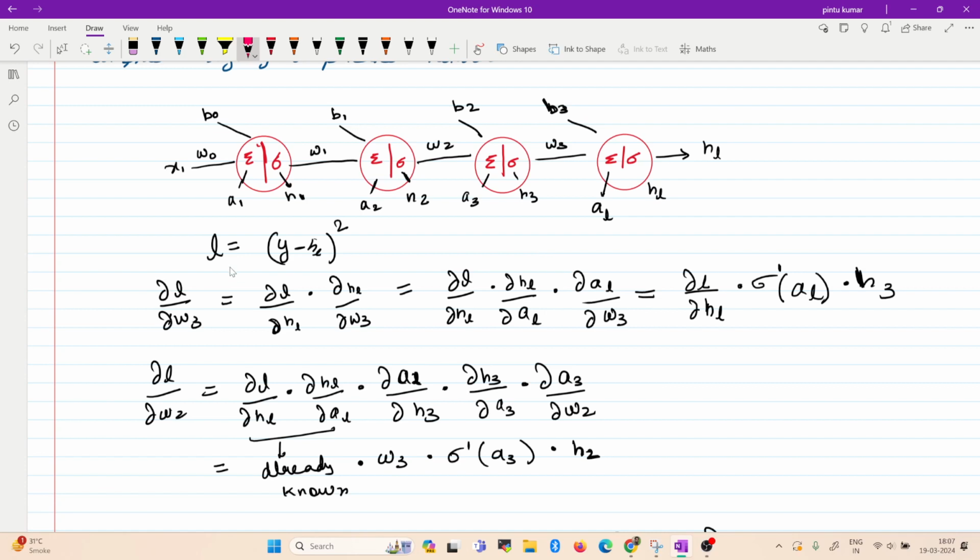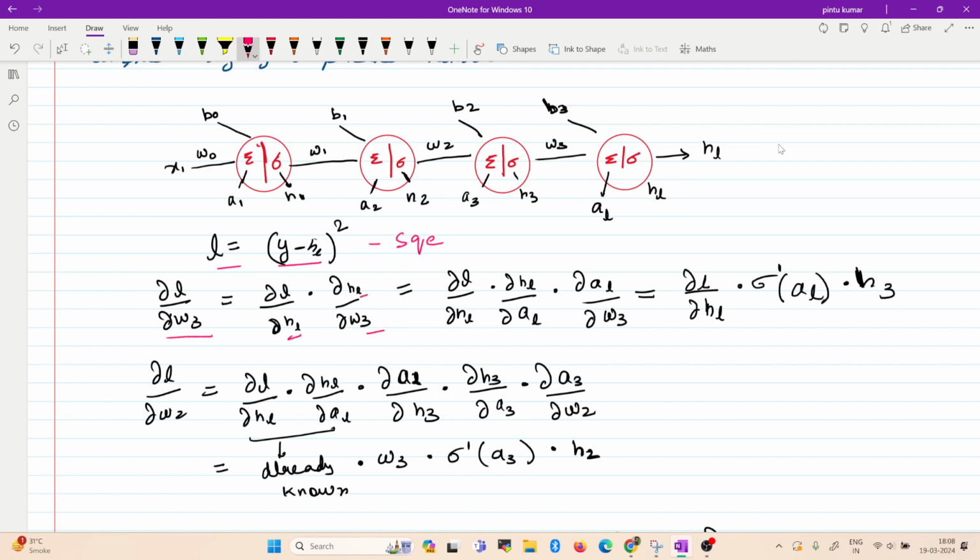The loss function is given by (y minus hL) whole squared, that is a squared error loss. We want to calculate the gradient with respect to W3, which is pretty easy. We calculate the gradient of the loss with respect to hL, then hL with respect to W3.